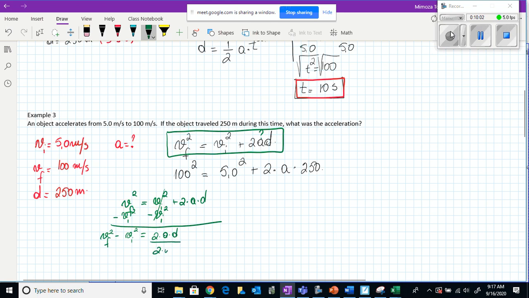And then I divide both sides by 2d, and I have as an expression for the acceleration: vf squared minus v initial squared, the whole thing divided by 2 times d, not times a.